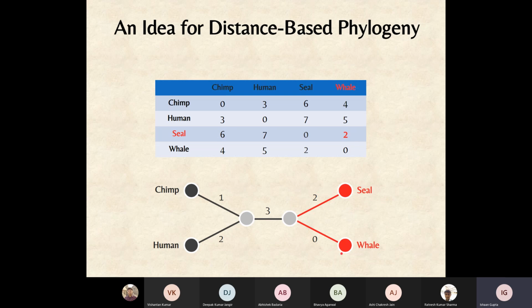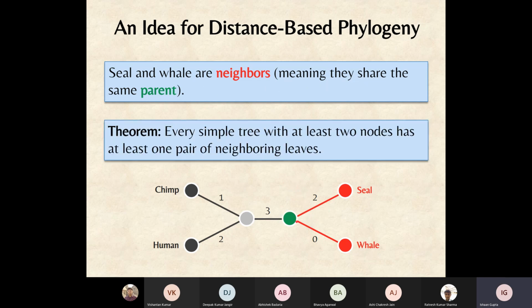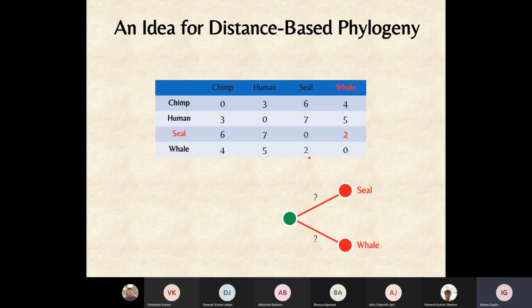You connect them and go from there. So seal and whale are neighbors, meaning they share the same parent. Now the theorem is: every simple tree with at least two nodes has at least one pair of neighboring leaves. I'm just restating the same idea.